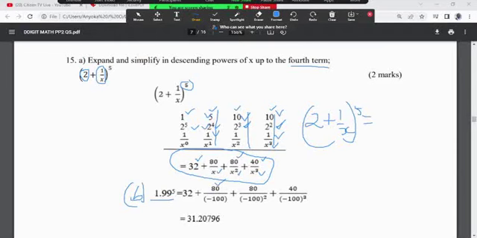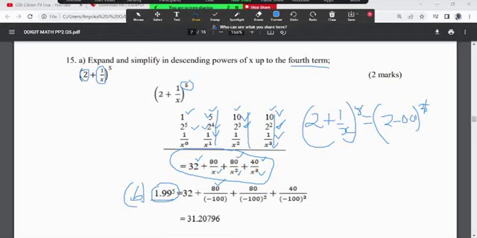Let us make 1.99, to start with the 2. What can you do with this 2 so that you make it 1.99? We subtract 0.01, then raised to power 5.